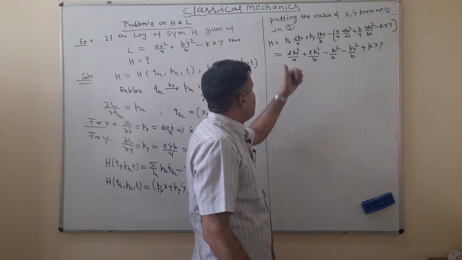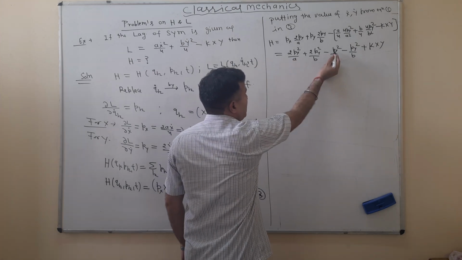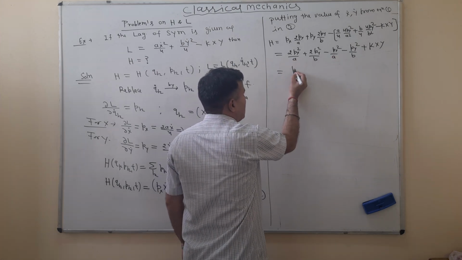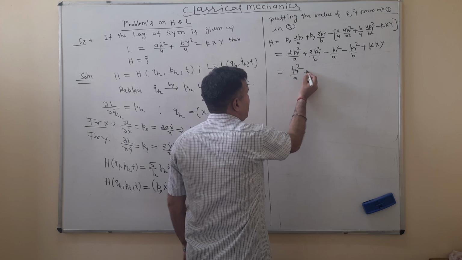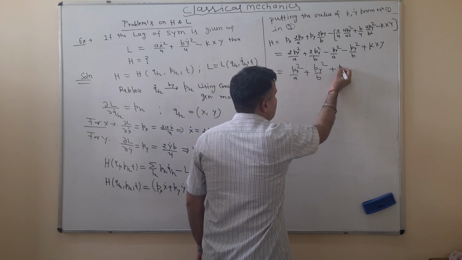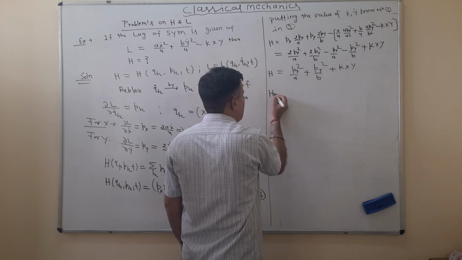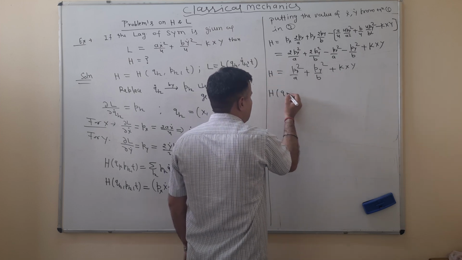Now again rearranging this expression, twice of Px square minus Px square is simply Px square by A plus Py square by B plus K of xy.